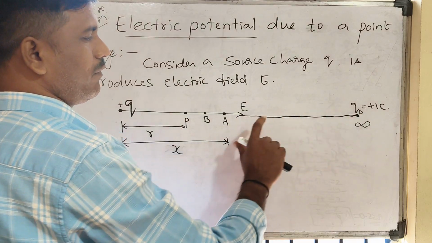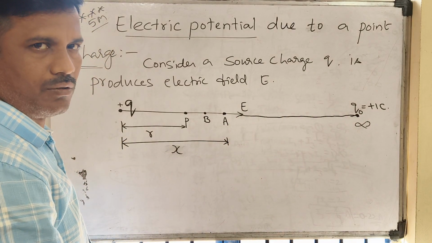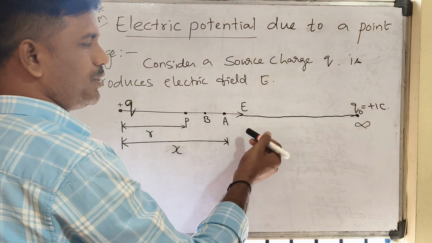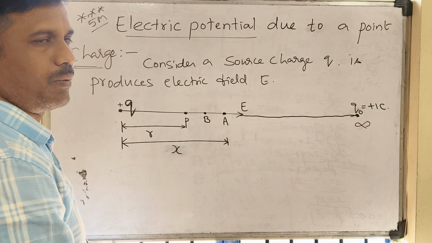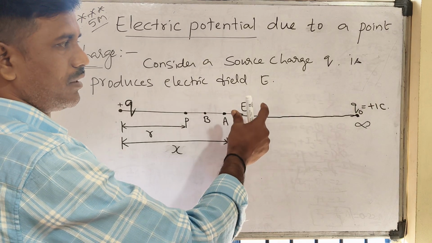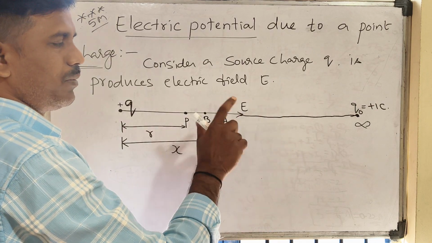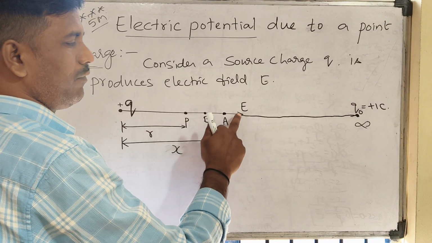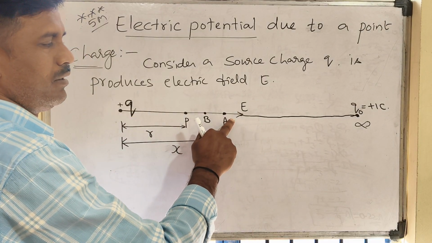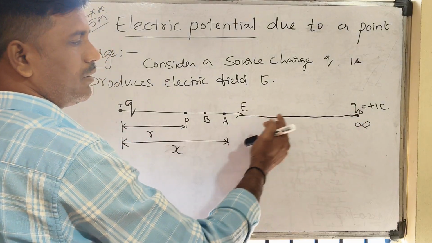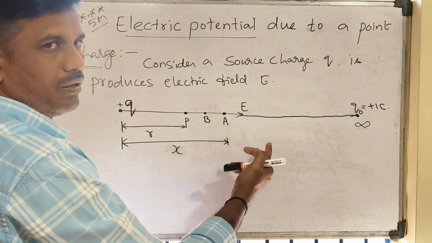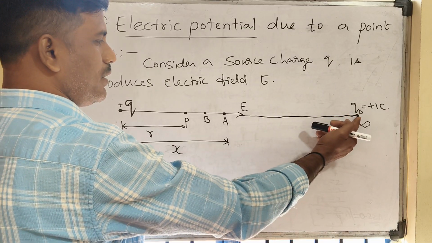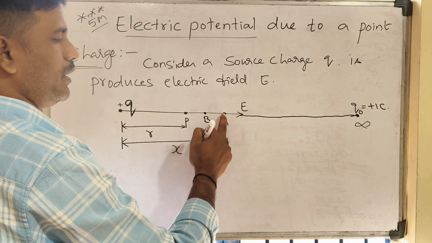These electric fields oppose each other, so an opposition force exists. If there is no opposition force, the potential is zero. But here some electric field due to the charge exists. From infinity to here we did no work because there was no opposition force, but now the charge can be brought from here to here.